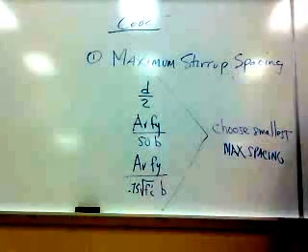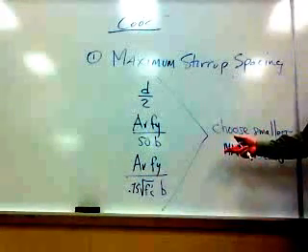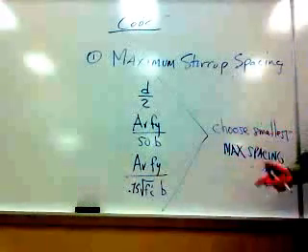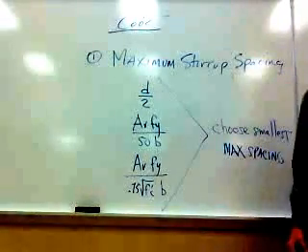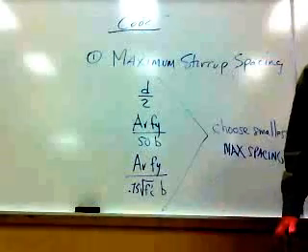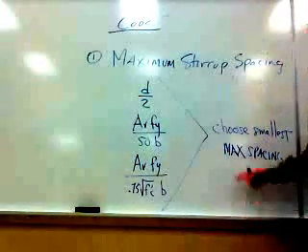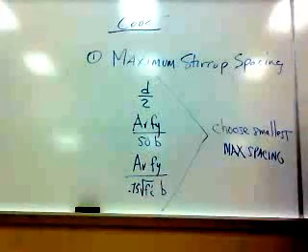I'm not saying that in design you have to use the maximum. I'm just saying that's the easiest way to find it. In design, you always want to know what the maximum is, because you don't want to go over it. So that's that. Okay, does that make sense?